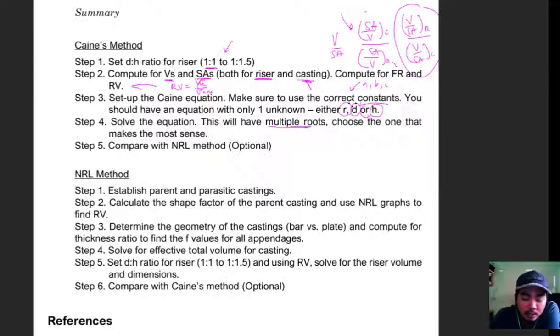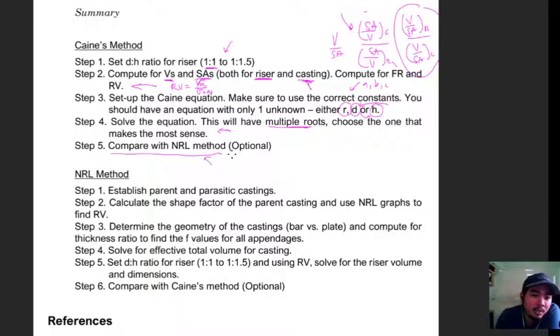So ang isasama natin is yung nag-make sense for the design that we are choosing, no? So dito, this will take some practice on deciding which makes the most sense. So siguro for this case, you can consult with us, kami ni Juan, if the root you have chosen makes sense or not. Okay, then this is an optional step.